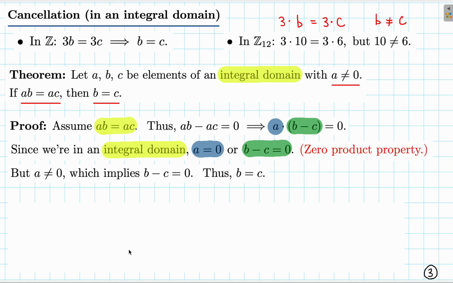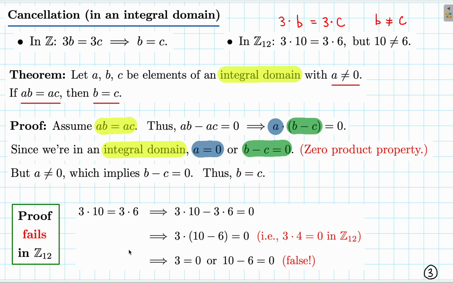Now, let's take it a step further and see where our proof, when applied to Z12, fails. So earlier we saw that in Z12, 3 times 10 equals 3 times 6. Then let's follow as we did in the proof and try to show that 10 equals 6 in Z12.